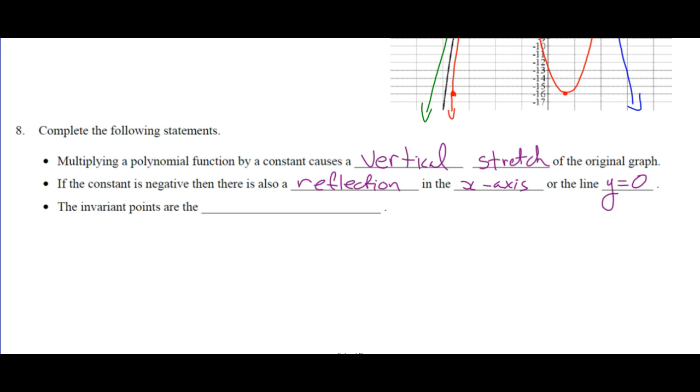If they're on the x-axis, they are the x-intercepts. Okay, because under a stretch or a reflection, they are not going to go anywhere. Right? So the x-intercepts are on the x-axis, they're on the line y equals 0, right? They are on the line of reflection.